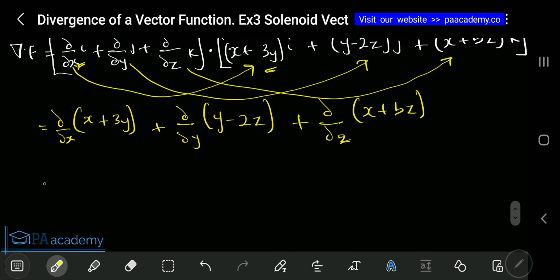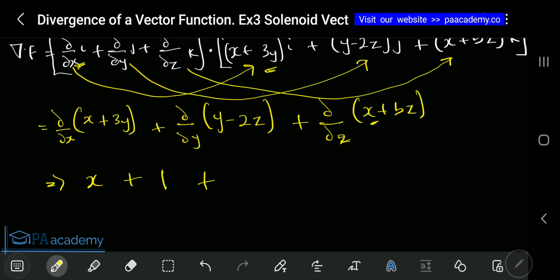So let's do this. If I differentiate with respect to x, for this it's going to give us 1. We don't have any business with the 3y, so we assume it to be 0 because there's no x attached to it. So plus, let's look at the partial derivative of y - 2z with respect to y. If we differentiate y, it's going to give us 1. So plus 1, we have no business with the 2z because there's no y attached to it. Then plus, now for this is z.